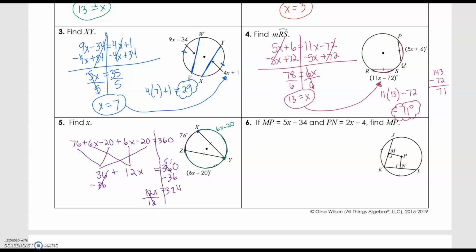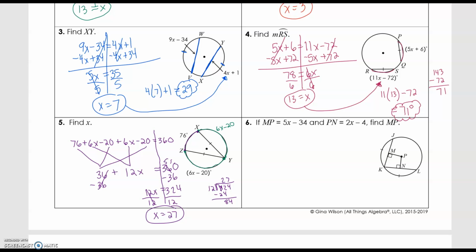Then I divide by 12 and I get x equals, I don't have a calculator, so that goes in 2 times. That would be 84, and that goes in 7 times. So x equals 27. Okay, cool.